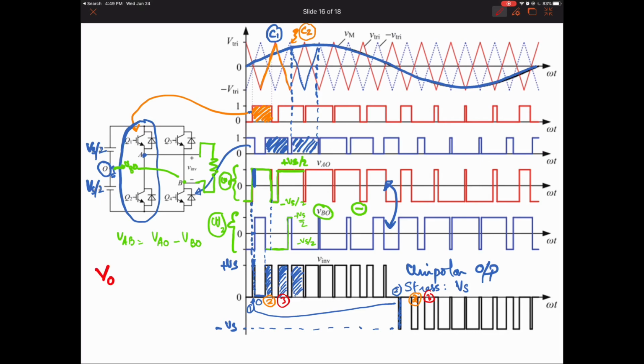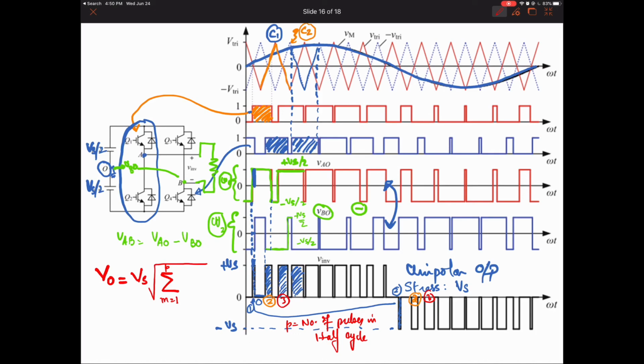So net RMS output voltage will be equal to Vs into square root summation over all the pulses. M is representing the pulse, so M is equal to 1 to P number of pulse pairs, right? This is small p. Small p is basically equal to the number of pulses in half cycle, or this is equal to number of pairs.